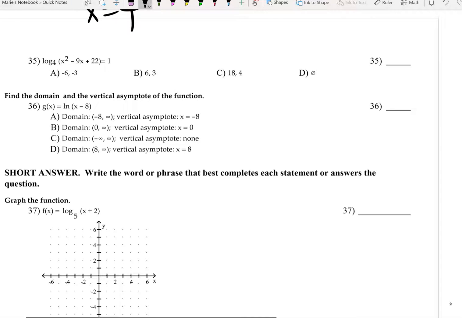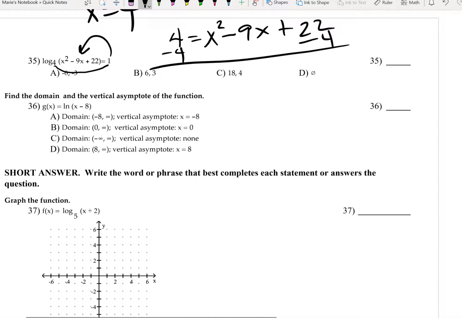For number 35, 4 to the 1 power has to equal this. So 4 is equal to x squared minus 9x plus 22, which means that I'm going to subtract that 4 on both sides. I'm going to get x squared minus 9x plus 18 equals 0.